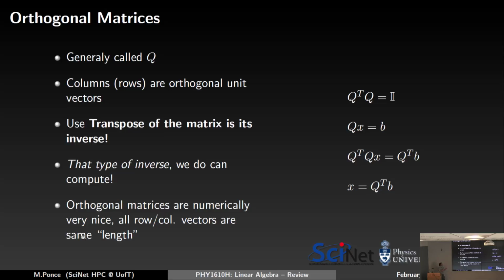So when you transpose, basically you turn a column into a row, and when you multiply them, because they are orthogonal, you only recover the diagonal. So this is an inverse that we can actually compute without any pain. Orthogonal matrices are nice numerically speaking, and it's pretty easy to solve because, due to this property that the transpose is the inverse, you multiply the equation on both sides by Q transpose. This gives the identity, and then you basically solve the equation by just another matrix multiplication.